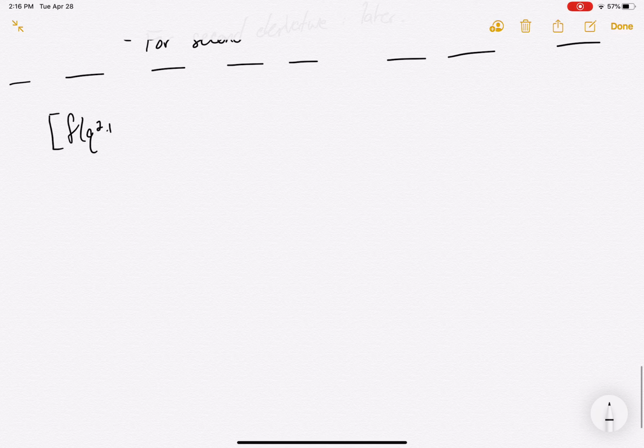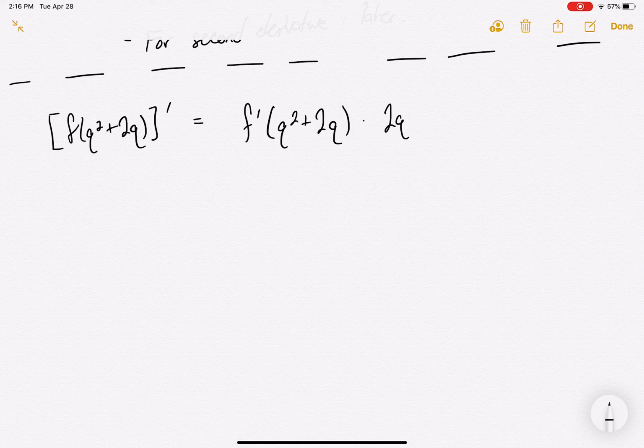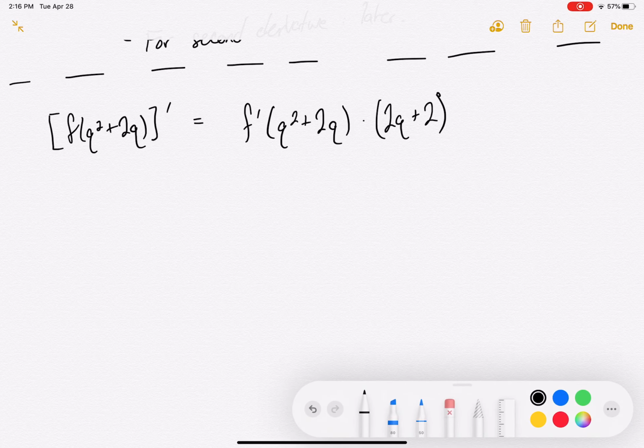f of q squared plus 2q prime. Derivative of the outside is f prime. Keep the inside the same. Multiplied by the derivative of the inside, which is 2q plus 2. And put that in its own parentheses.